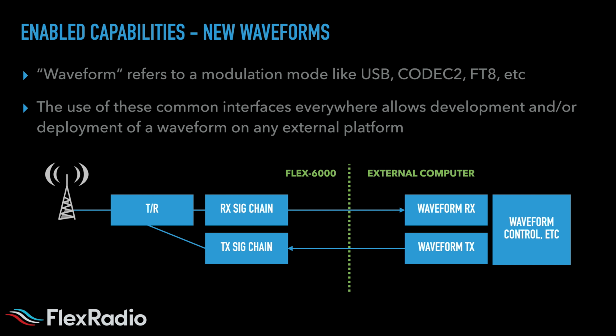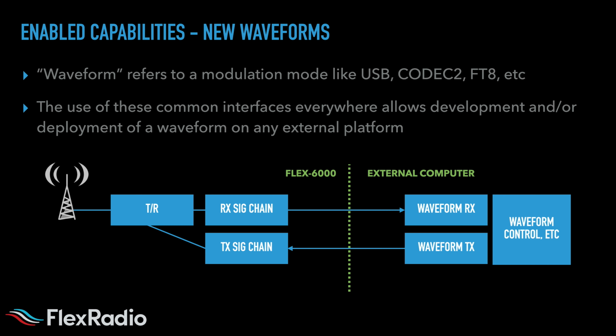So today in the amateur world, there's only been a couple of those that have been adopted, the two that I mentioned, Codec 2 and D-Star. But in the future, as new waveforms are added, we in the amateur world can create those for use in the radio very easily because of this interface and the adoption of VITA-49 and the APIs that we have.